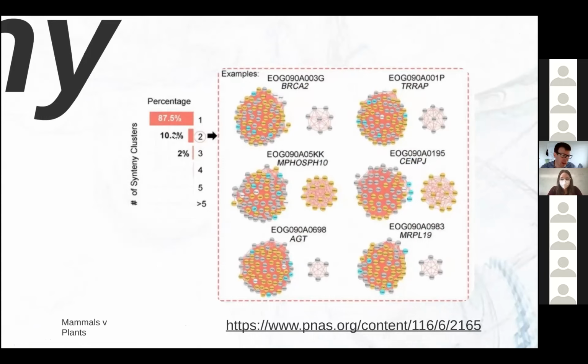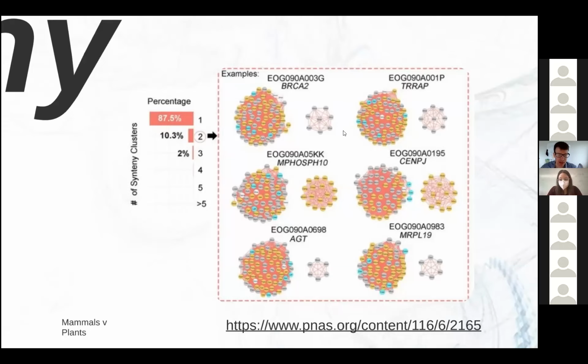But then about 10 or 15% of our genes, again, amongst mammals, have two syntenic clusters. What that means is that in some mammals, they have neighbors X and Y, but in other mammals, they have new neighbors, another set of neighbors. But they're just in two syntenic clusters.